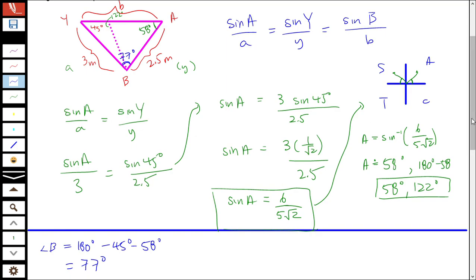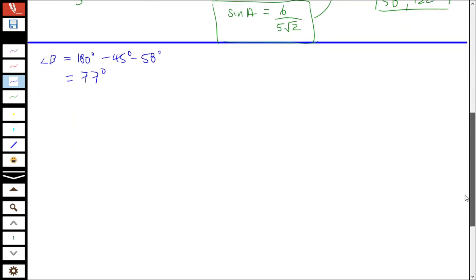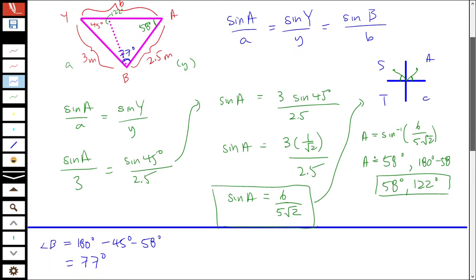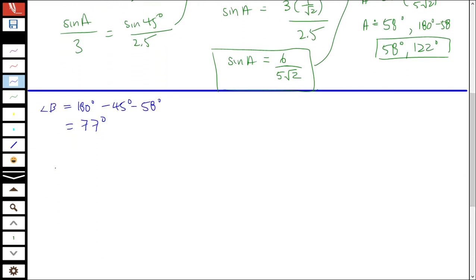So first, let me just use a sine ratio. So I'm going to take this, which is the completed angle, and instead of this, I'm going to put B. So I'm going to have sine of A over A. I'm writing down the formula again so that you see what I'm doing.